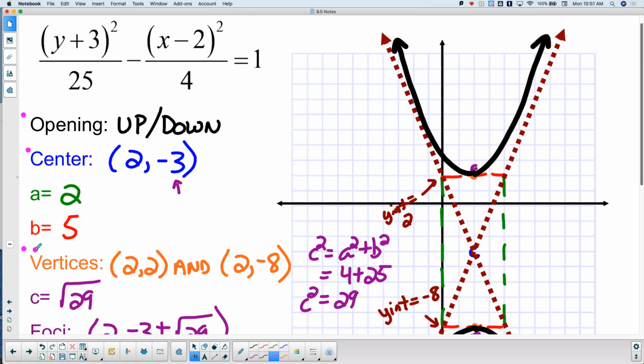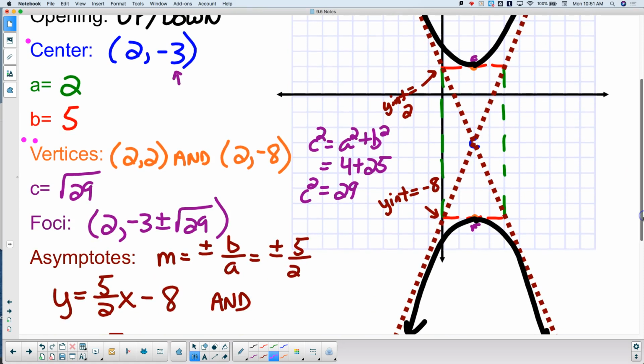I will ask you for the two foci. And I will ask you for the two asymptotes, along with the picture. Friday, I might not ask you for the opening because I might just get that off of the picture. But tonight, I noticed on the worksheet, the opening is on there.